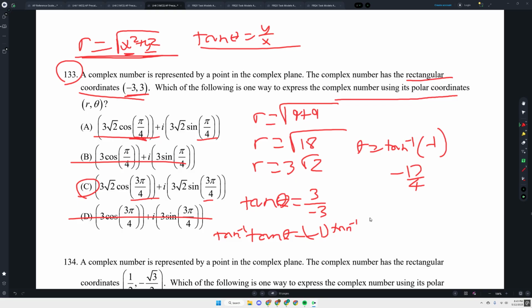It's negative pi over 4. So now we're going to do a quick sketch. Negative pi over 4 is this line, which means we don't have a negative pi over 4 option. So it can't be A because it's negative. So it has to be 3 pi over 4. So it's C.